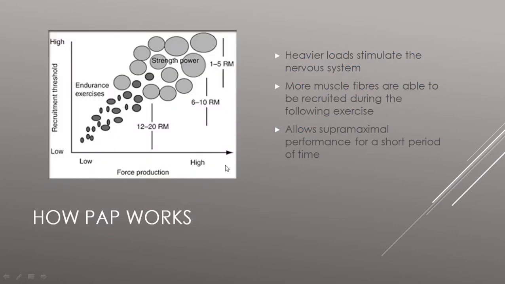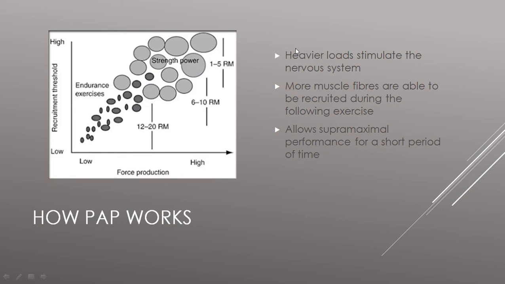So how does the post-activation potentiation work? Basically, when we do a really heavy or high effort exercise, such as a heavy back squat, we stimulate the nervous system and we recruit these really high threshold motor units. And then when we have those motor units recruited, so we can recruit more muscle fibers, they are able to then be recruited in the following exercise.